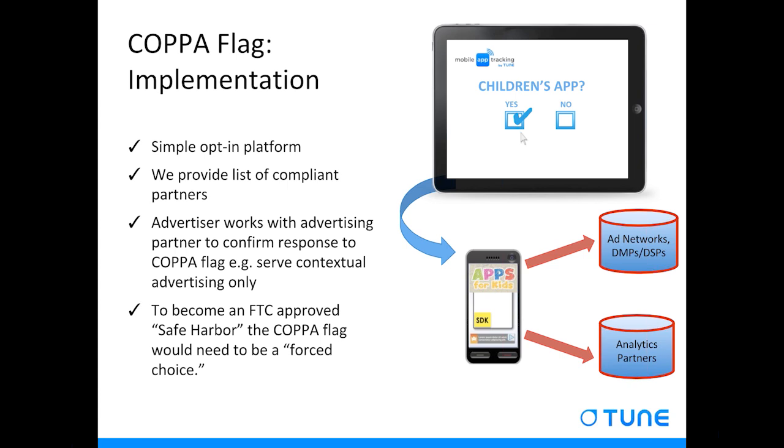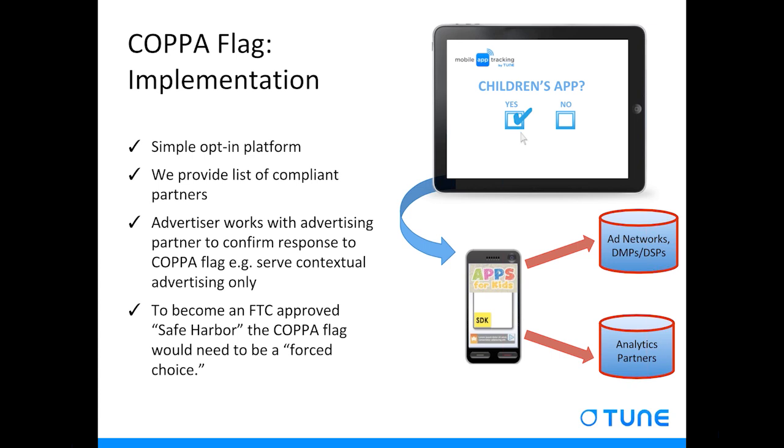Now, the COPPA flag idea was actually proposed by the chief technologist at the FTC. The FTC has since come back and said, look, if a site or app basically states definitively for all of its properties that they are child-directed or subject to COPPA, a so-called forced choice, then we would approve that mechanism as a safe harbor.